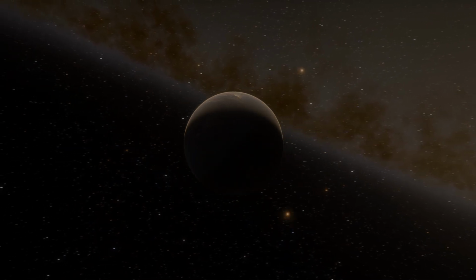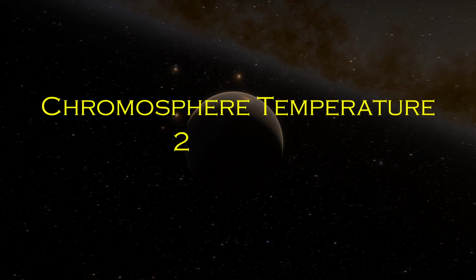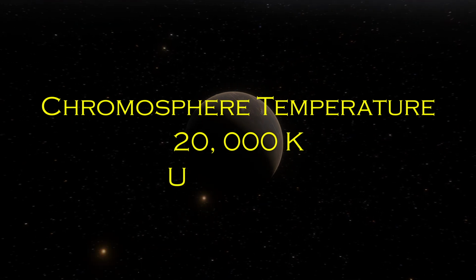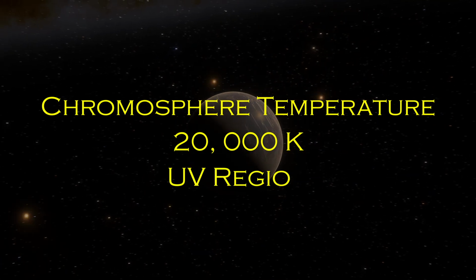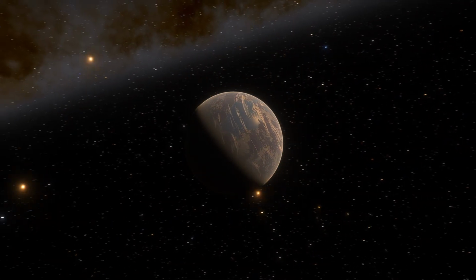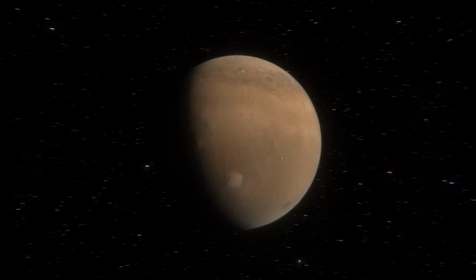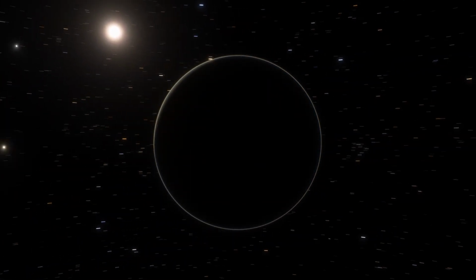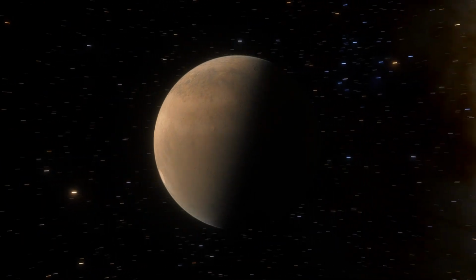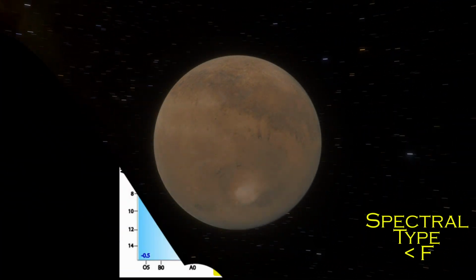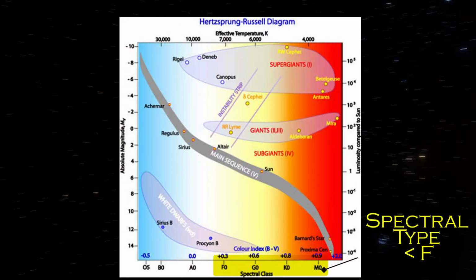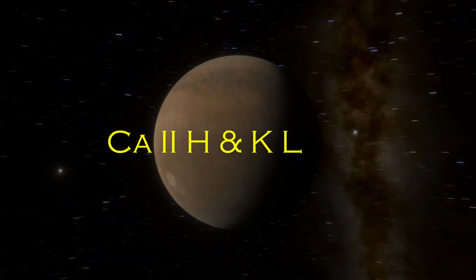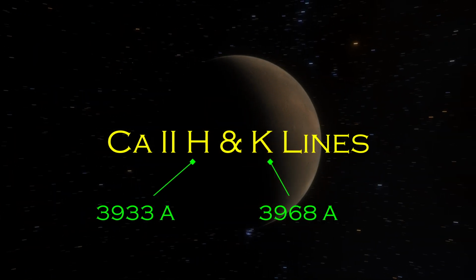Now, temperatures in the chromosphere can usually reach up to 20,000 Kelvin, and activities in this part of the star are usually observed in the UV region of the electromagnetic spectrum. This region is not observable by ground-based telescopes due to the Earth's atmospheric interference. Hence, we need to look for other indicators. Stars whose spectral type is lower than F, so stars in this region of the HR diagram, are observed to exhibit chromospheric emission via calcium-II H and K lines at these wavelength values.